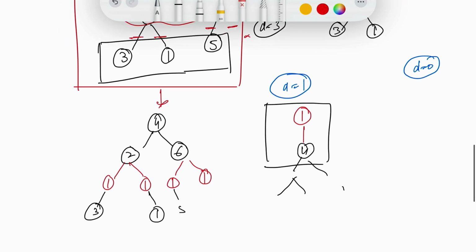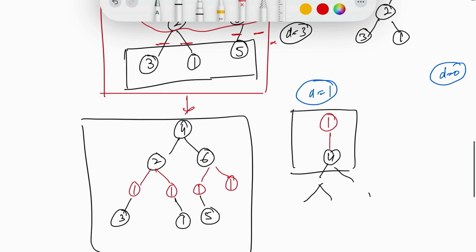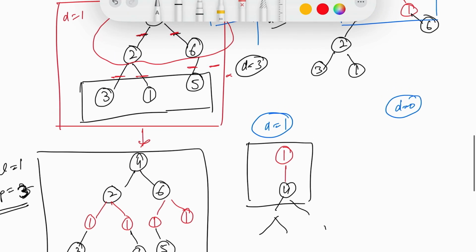So 5 will come here, something like this. So this is our new tree when the value given is 1 and the depth given is 3. I hope you understood the problem statement.